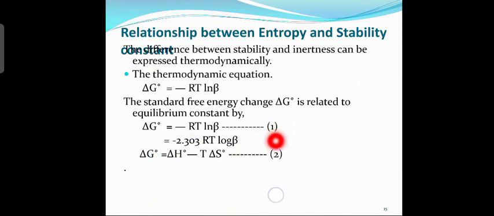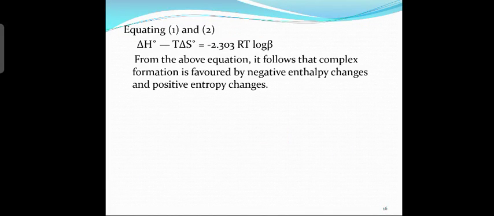Let this be equation 2. Equating 1 and 2, you get delta H naught minus T delta S naught is equal to minus 2.303 RT log beta. From this equation, it follows that complex formation is favored by negative enthalpy changes and positive entropy changes. The enthalpy change must be negative and the entropy change must be positive.